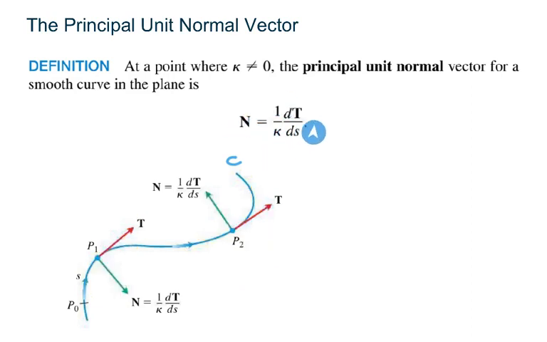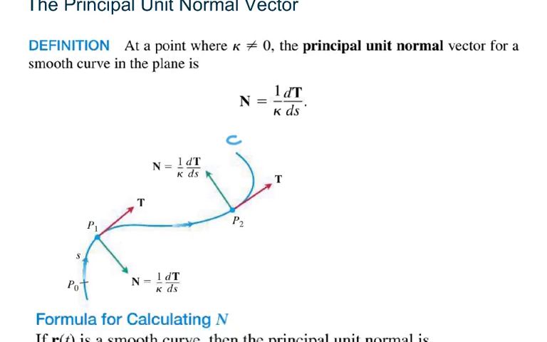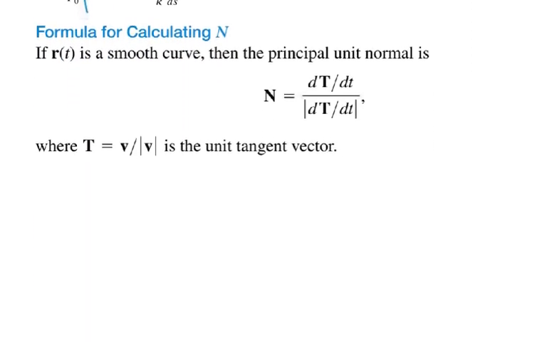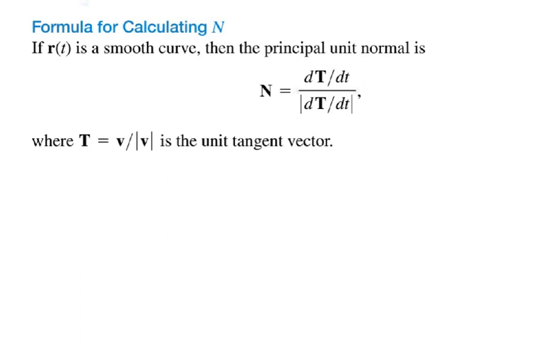Now, this formula is a little labor intensive, so I have pulled in a separate formula for calculating N. If we have a position vector that is a smooth curve, which means it's differentiable, then the principal unit normal vector N is defined as the derivative of the unit tangent vector divided by the magnitude of that derivative. Again, T and N are orthogonal.